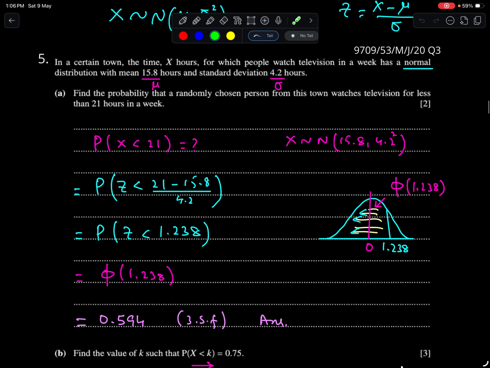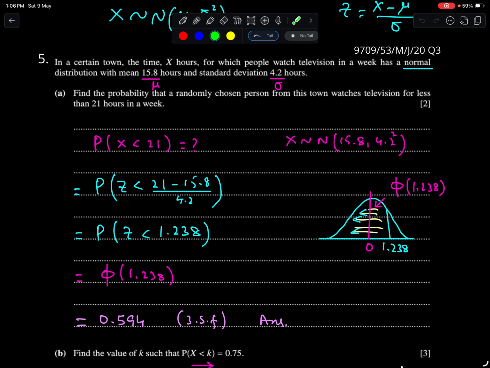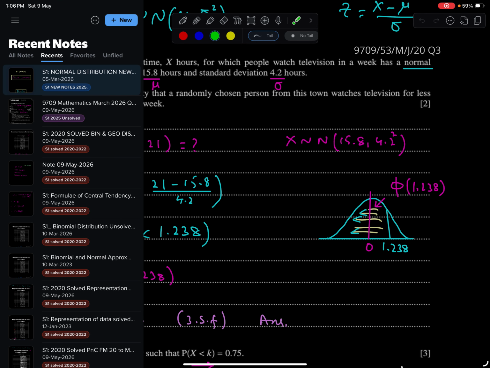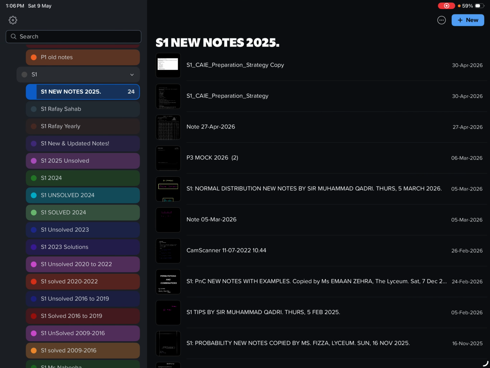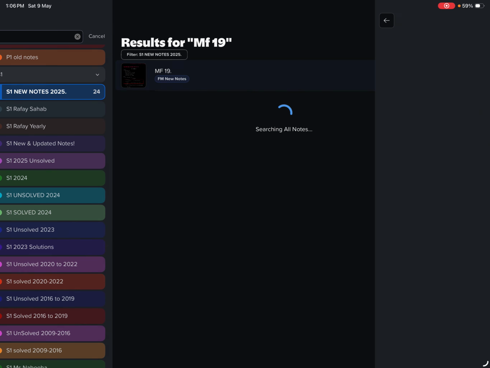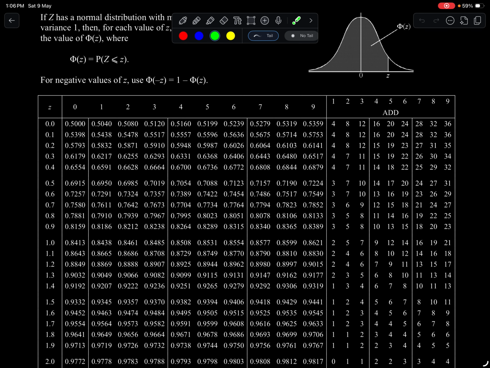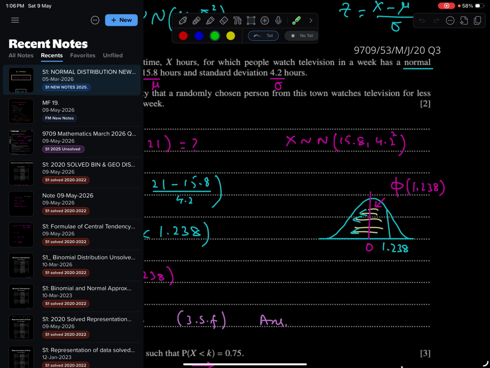Now how to find, and this area is required, large area phi. Now how to find this from normal distribution table? Let's check this. We have to find phi 1.238.